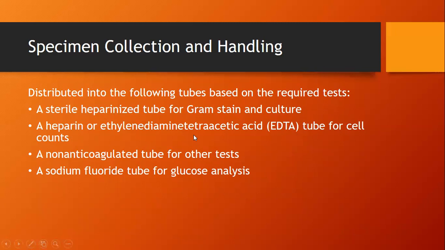We collect a specimen anticoagulated with EDTA or heparin, usually for cell counting. A non-anticoagulated tube is for other tests, maybe for some serologic tests or other chemistry tests. And we collect a gray top tube, containing sodium fluoride, for glucose analysis.